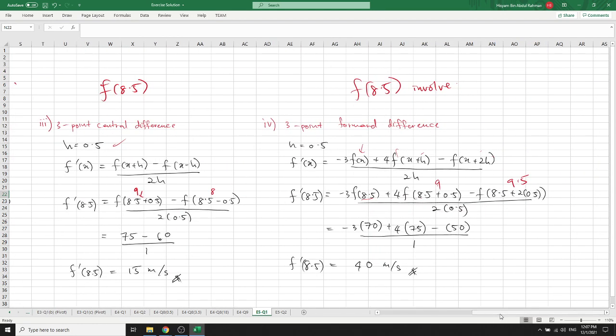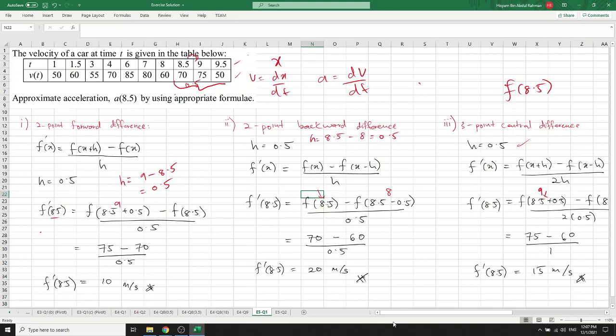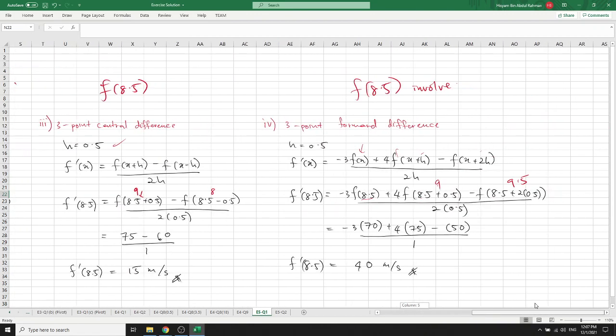We're not sure which one is more suitable, so we need to compare with some valid parameter, so that we can choose which method is the most accurate. You can see here, I use only 4. Why am I not using the 5-point method? Because the data is not available.